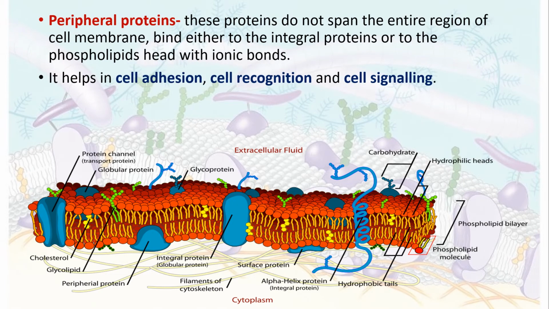Now the peripheral proteins. These proteins do not span the entire region. Do they span the complete region of the cell membrane? No, they are loosely attached to one layer of the plasma membrane.